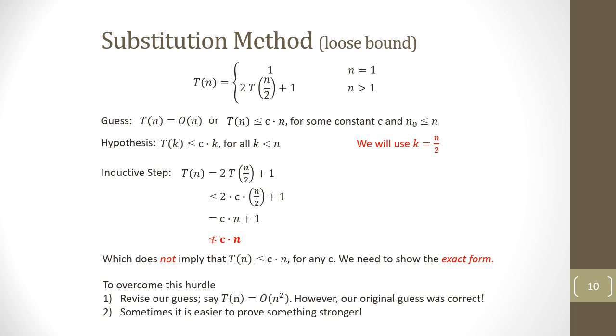To overcome this hurdle, we revise our guess, say T of n is big O of n square. However, our original guess was correct. There was just one additive term that was creating an issue. So sometimes it is easier to prove something stronger.